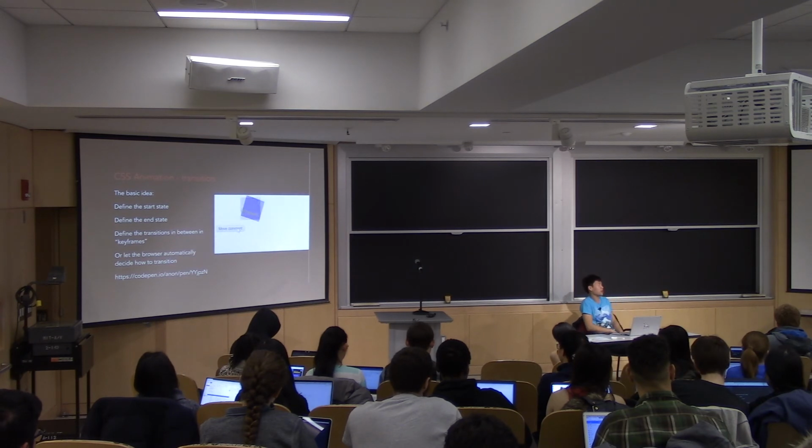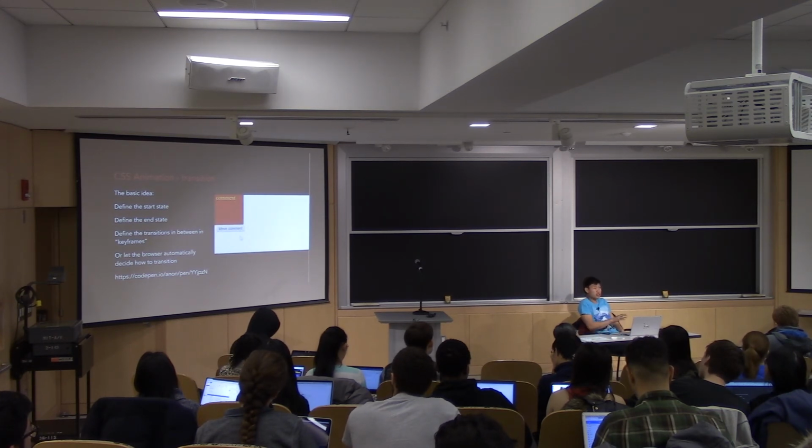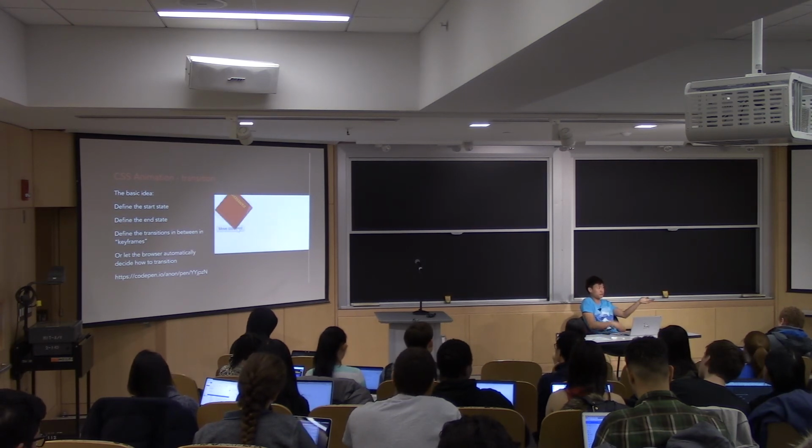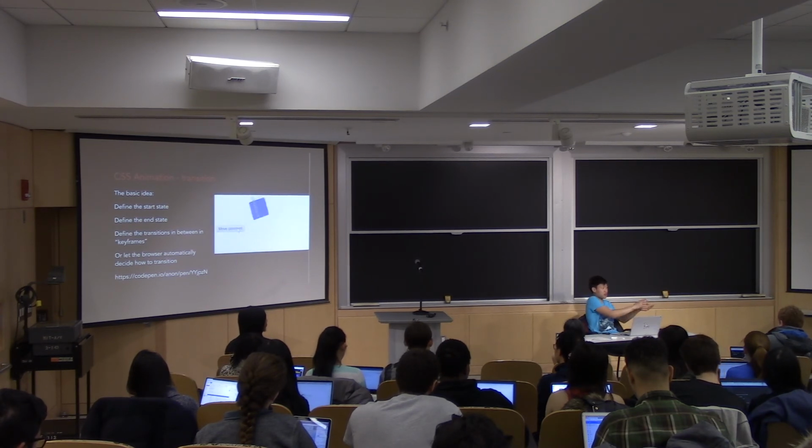So here's a more complicated example just to demonstrate the point that you can do whatever you want. You can change position, rotation, color, everything. And the general idea of animation is that you have the beginning state, you have the final result, and in between, you have transitions. And you might want to tell the browser to just figure out the transition.